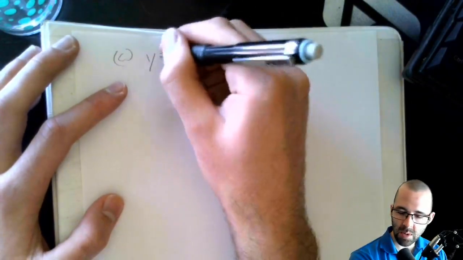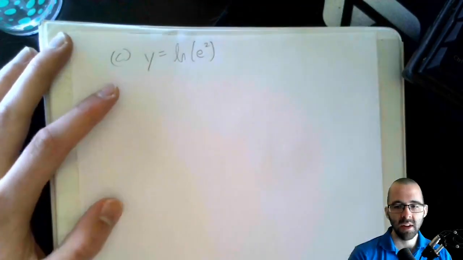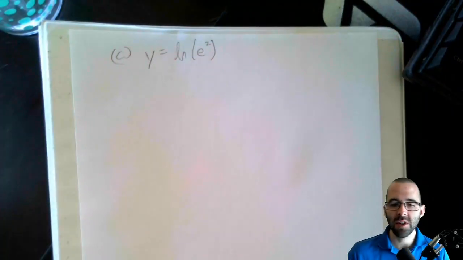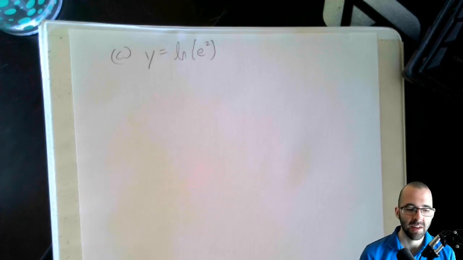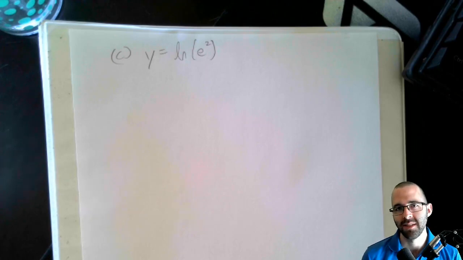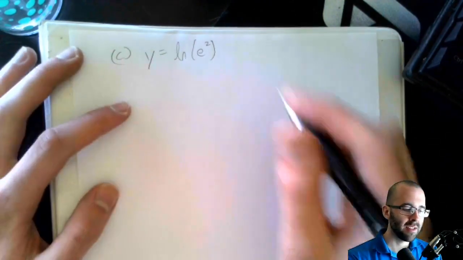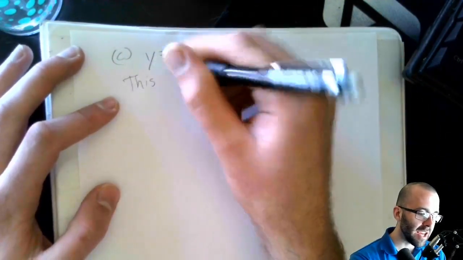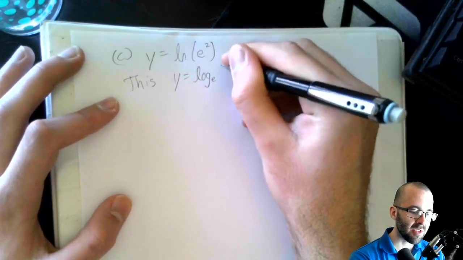So we have y equals the natural log of e squared. So again, this one looks crazy. This one looks like you're riding the mechanical bull. But the mechanical bull is unplugged. Because what does the natural log mean? We look at our definitions. Natural log is just log base e.